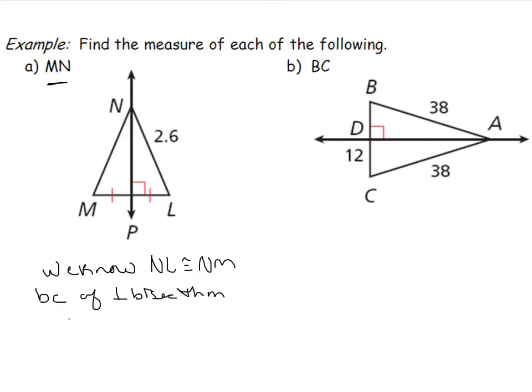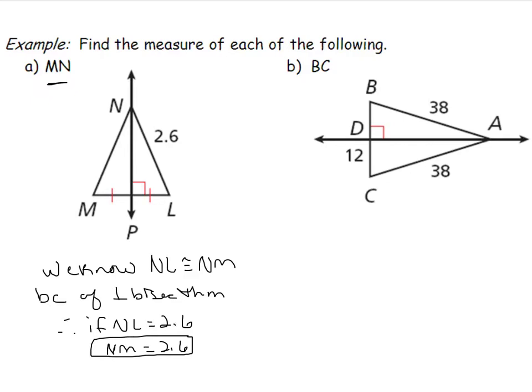Okay, therefore, if NL is 2.6, then if they're congruent, their measures are equal, you guys, and NM, or MN, sorry, has to equal 2.6 as well. So following suit, I want you guys to pause me and go ahead and do part B.